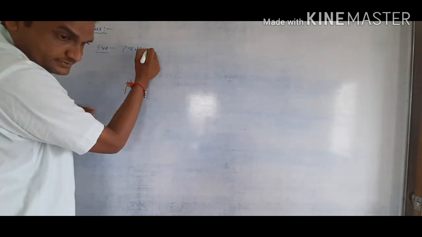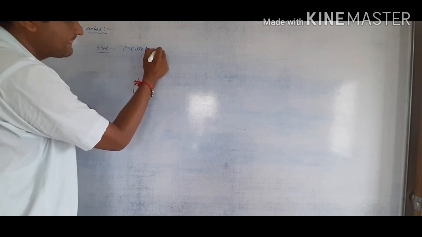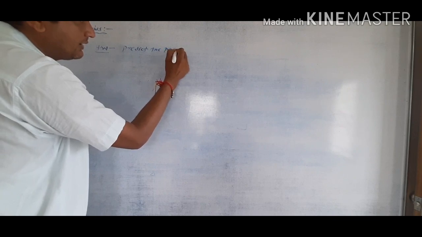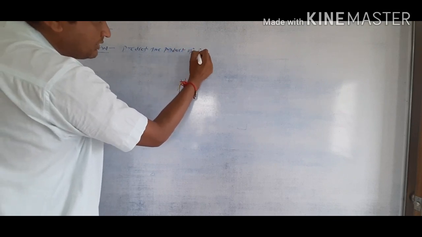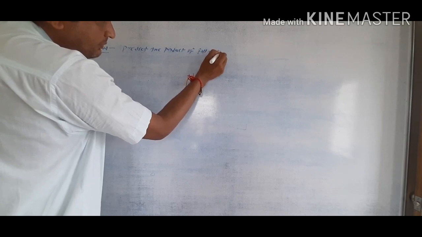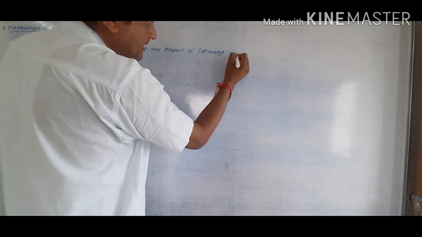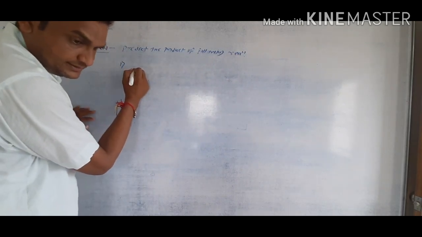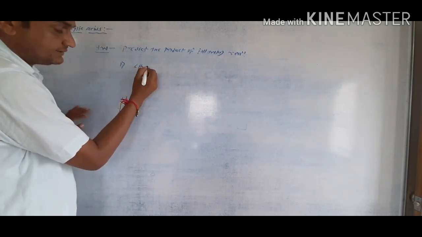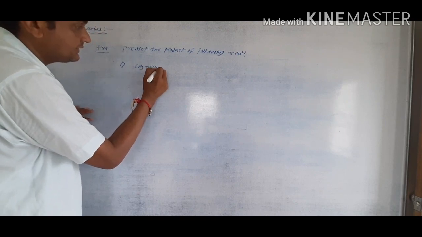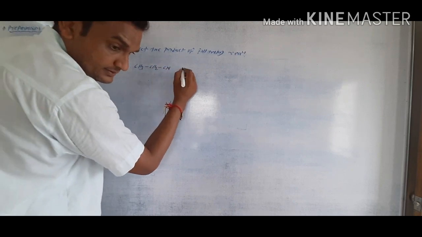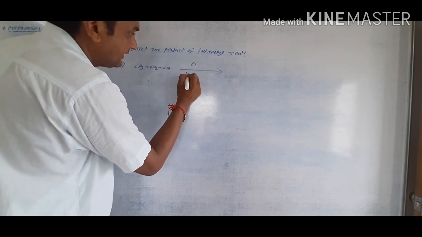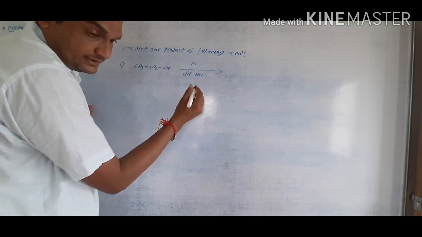Predict the product of the following reactions. First reaction, CH3CH2CN will react with dilute HCl.